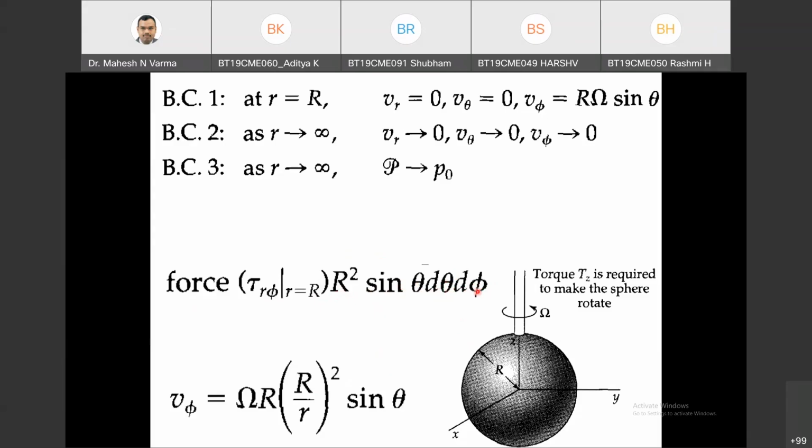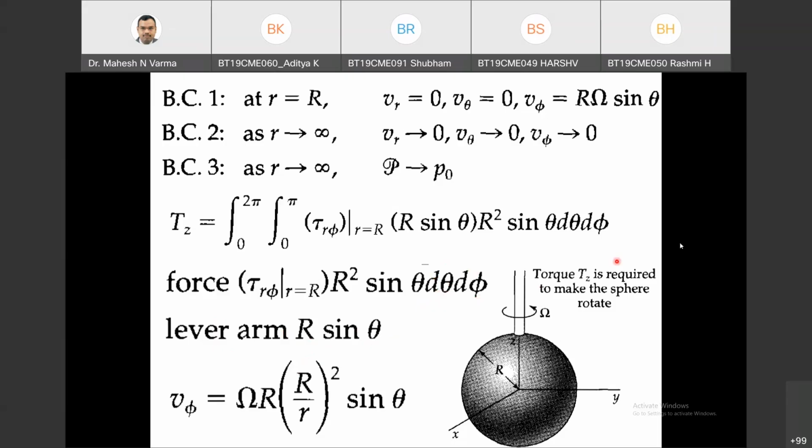Okay, so this will give me a drag force exerted by flowing fluid on a surface, multiplied by moment arm. The lever arm will be R sine theta. And if I integrate between theta 0 to 2 pi and phi 0 to pi, that will give me a torque.